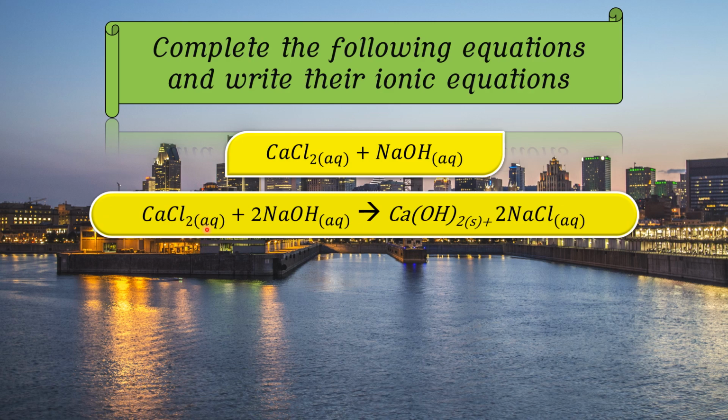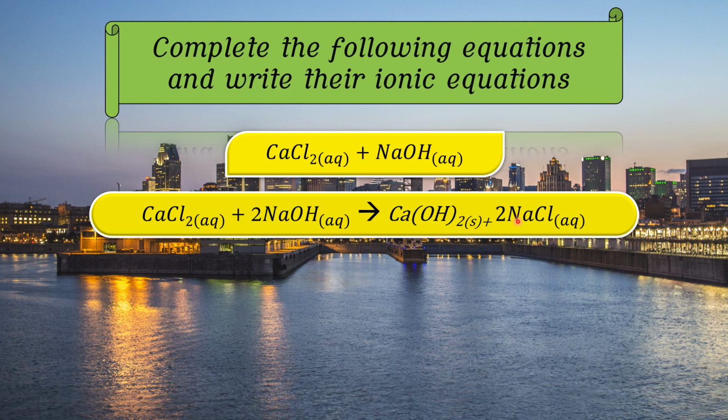Calcium chloride, which is aqueous, will react with sodium hydroxide. This one will give us calcium hydroxide, which is a precipitate. And then we shall also get sodium chloride, which is aqueous.